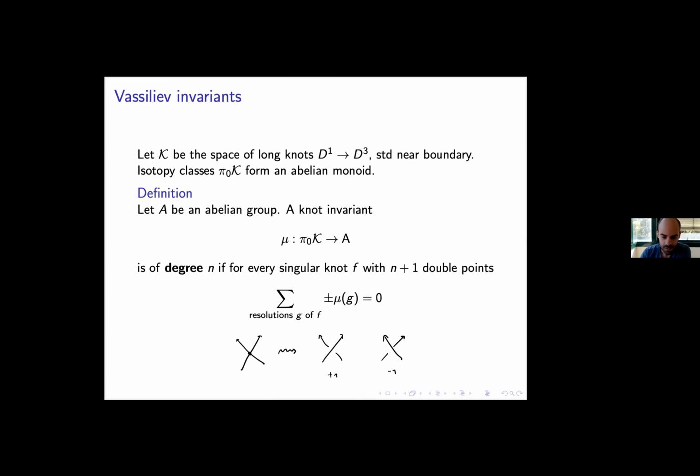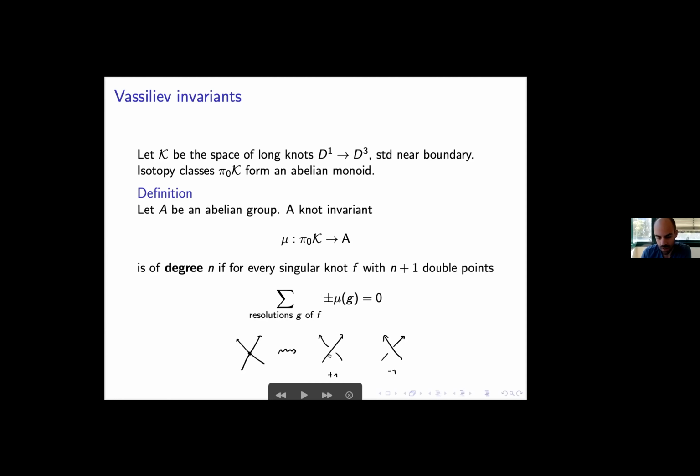if the following holds. If you take any singular knot which has n+1 double points, and you resolve this singular knot, a double point being something that locally looks like this, if you resolve all the double points in all possible ways, you get 2 to the n+1 non-singular knots, and you evaluate your invariant on each of these with a sign.